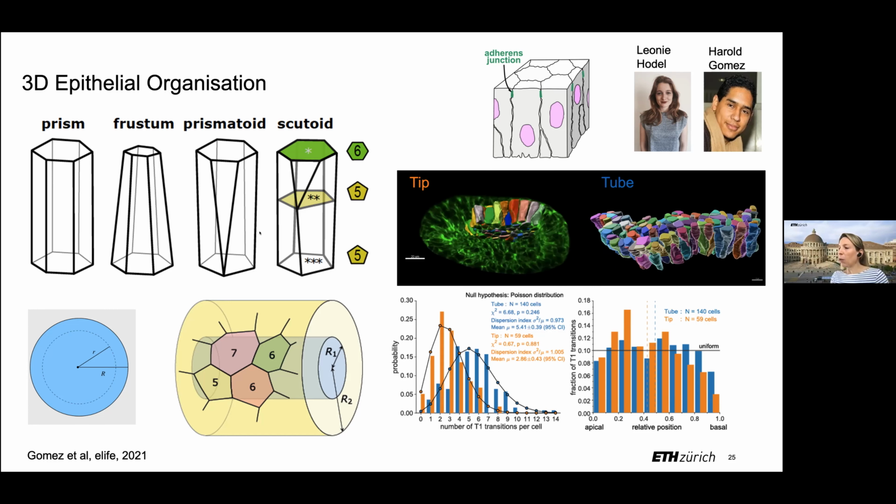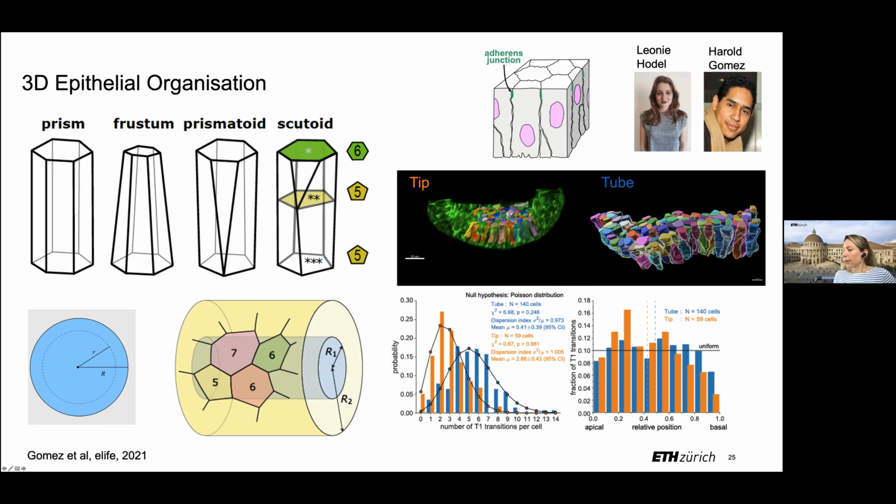Then we're not observing one neighbor change as you would have for the scutoid, but up to 14. That means the single cell is changing its neighbors 14 times as you go from the apical to the basal side. And if you're on this tip structure, which is more spherical, you have like 8 or 9 transitions.